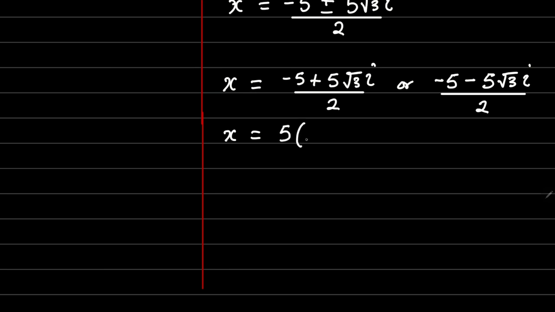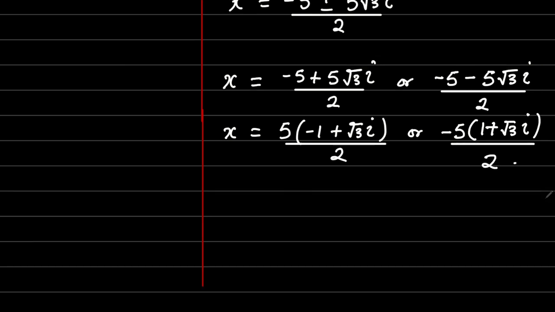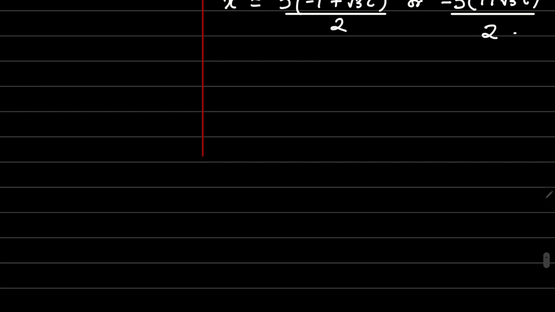x could actually be 5 into minus 1 plus root of 3i over 2, or minus 5 into 1 plus root of 3i all over 2. So basically we've come to the end of this question, because the first root, which is the first one, we got 5. That is the only real root.